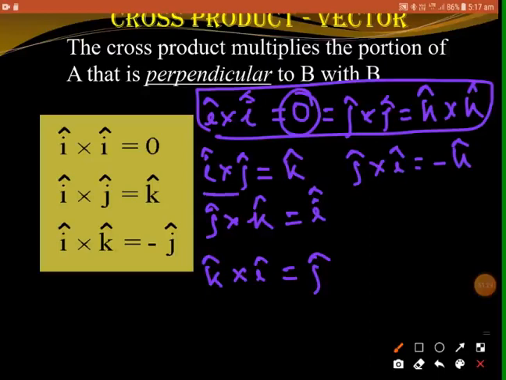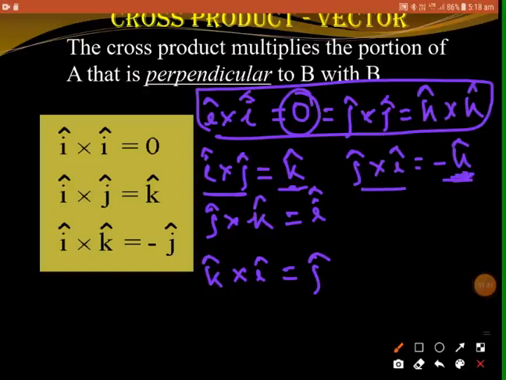If you change the order, it will give you the minus of this value. That means they are opposite. Got it? If you turn it from x-axis to y-axis, then it will give you your z-axis, right? By using your right hand curl rule. But if you do it from y-axis to x-axis, opposite, then it will give you toward the negative z-axis.